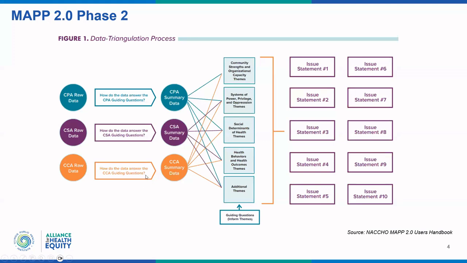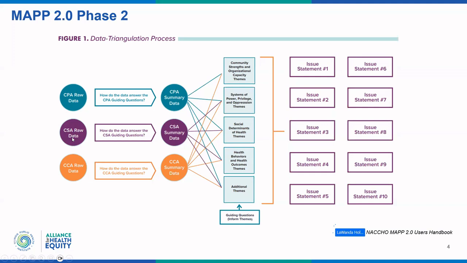So the data triangulation process is what MAP 2.0 essentially calls the step-by-step process I just ran you through. So the CPA is the partner assessment. That's when we're talking about community asset resources, your capacity and your partners' capacity to address an issue.